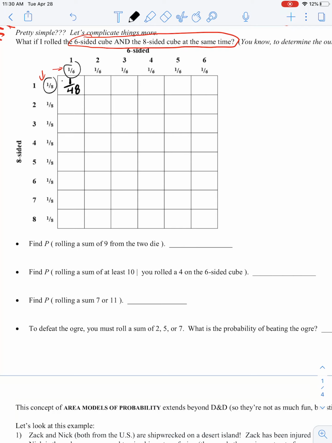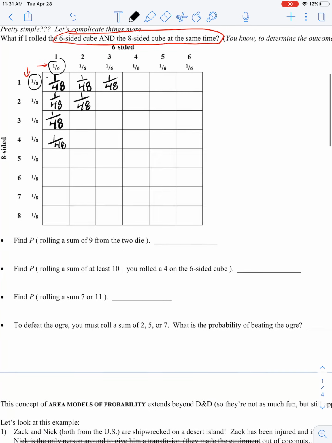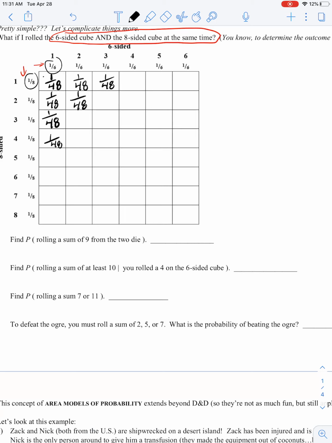Since it's the same for all of those, the area of any one of these squares would be 1/48, and so on. So every single one of these squares is going to have that area of 1/48. So to find the area, you just multiply the row by the column probability.